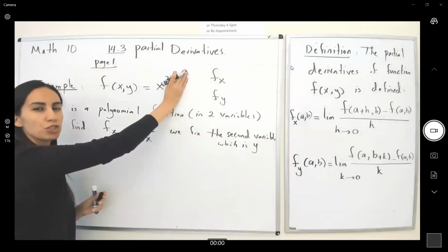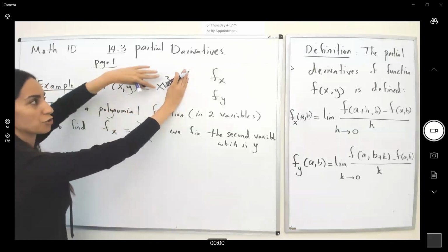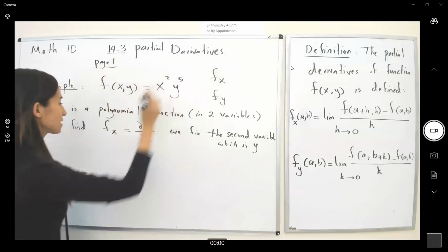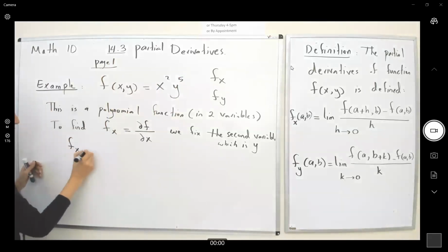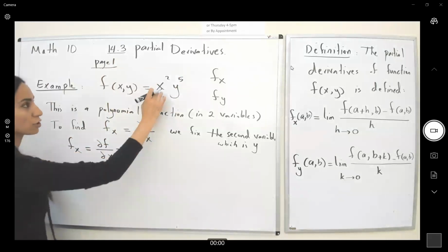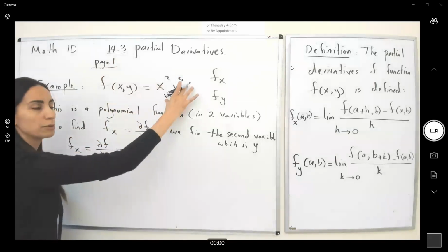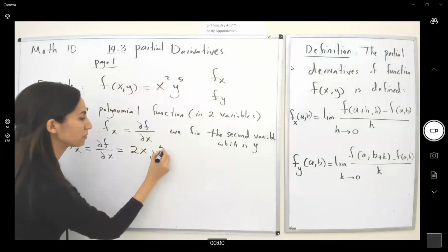You can assume it's just a number. You are taking the derivative with respect to x. The derivative of x squared is 2x. So f of x, or the partial derivative of f with respect to x, is 2x, the derivative of x squared, and copy down y to the 5th.